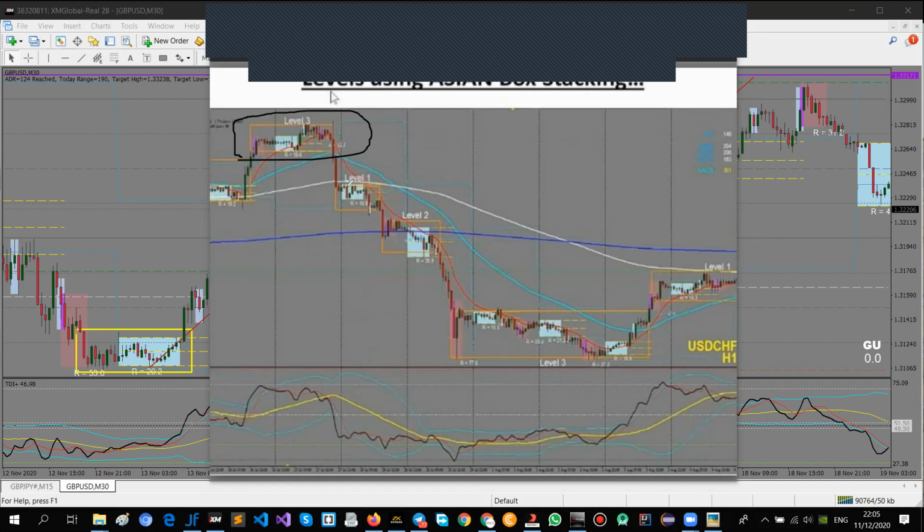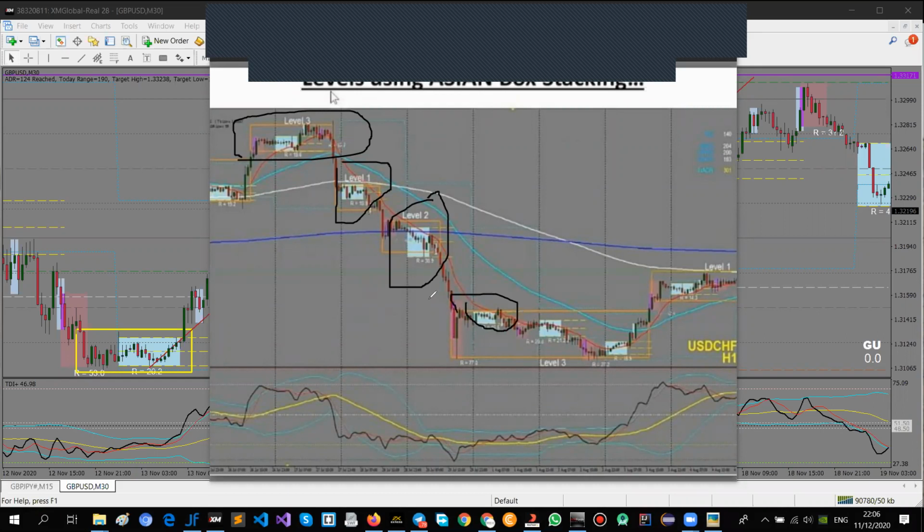We now need to find the first Asian box, and that's here. Then we call it level 1. Then we look for the next Asian box, and we call it our level 2, as you can see right here. Then we look for the third Asian box right here, and that would be our Asian 3.